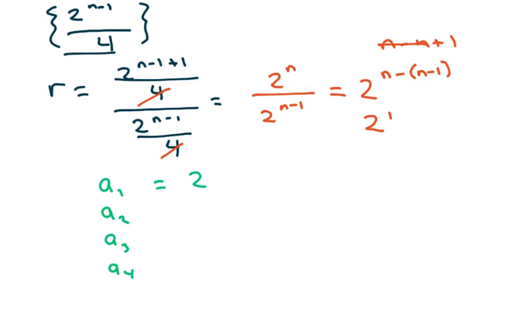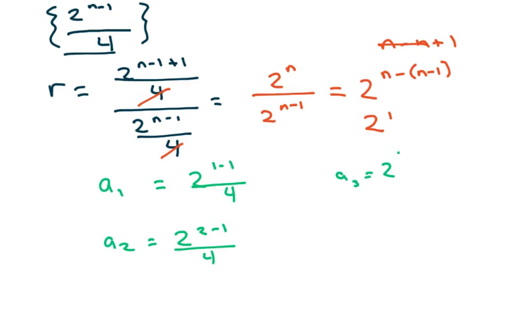So this is 2 to the 1 minus 1 over 4. Then we have a sub 2 is 2 to the 2 minus 1 over 4. And a sub 3 would be 2 to the 3 minus 1 over 4.